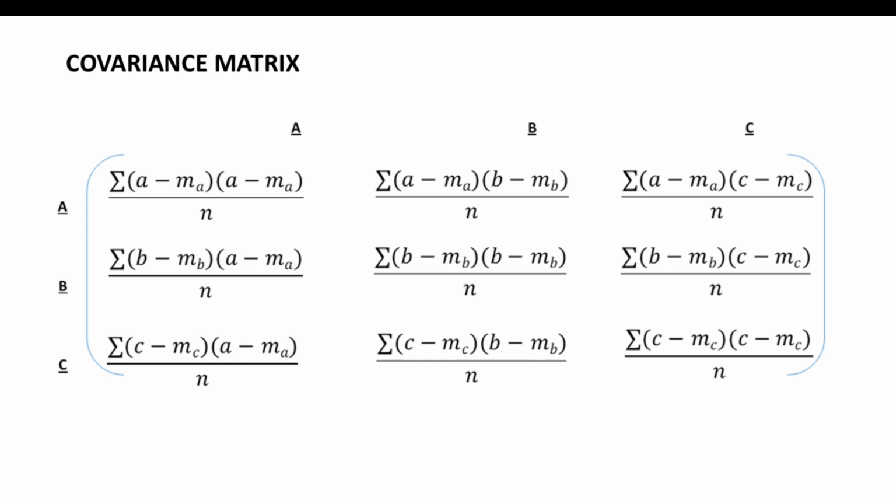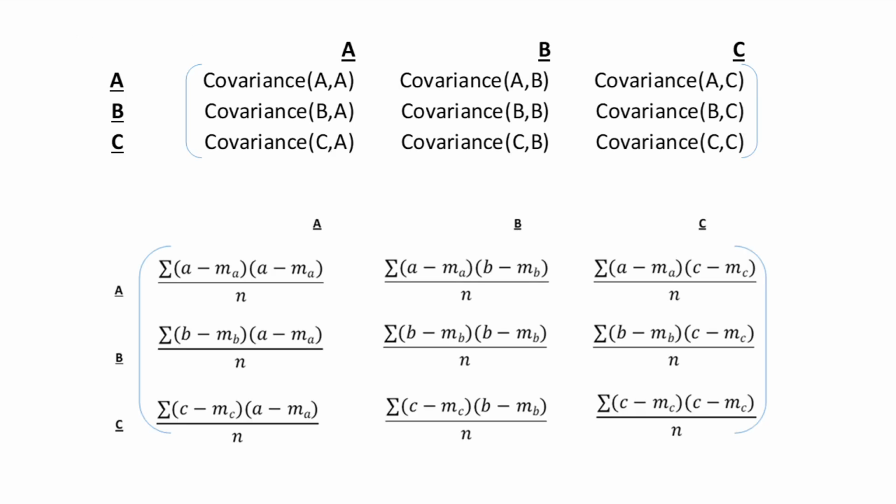And the diagonals would be the variances of A, which is just covariance of AA, covariance BB, and covariance CC, like so. And all the off diagonals will be the covariances between the labels, and we will have this. Note that we are always talking about the mean adjusted values here, as we are talking about co-movements.